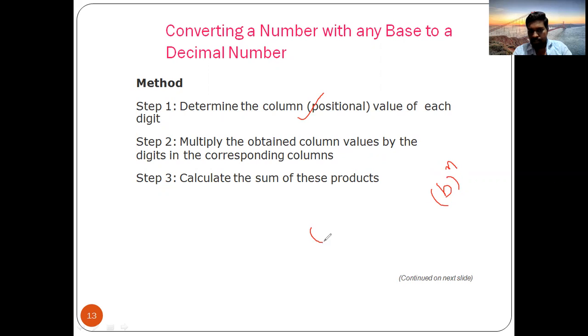They will give a certain base, any base, and you need to convert each and every number with the scaling factor. That scaling factor should be in the form of base power n. Like that you go on multiplying and adding them, and you will get the final answer. You will see with an example.